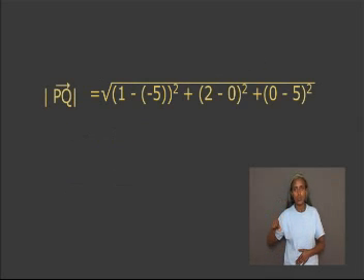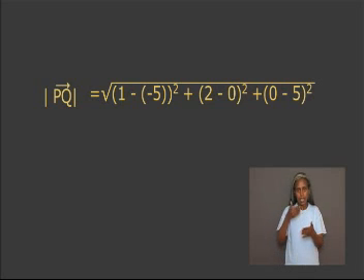Vector PQ is a bit more tricky. As you can see, students, its initial point does not lie at the origin. Luckily, we have learned the formula to make this problem simple. We must subtract each of the coordinates of the first point from those of the second, like this.